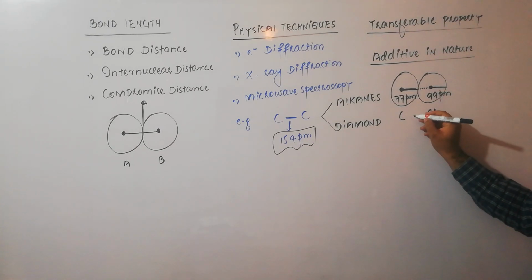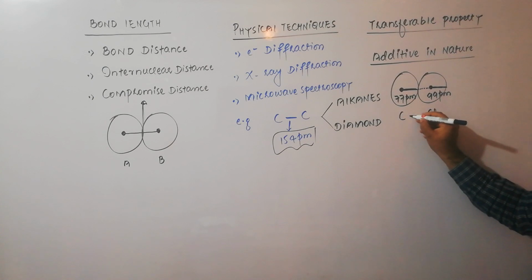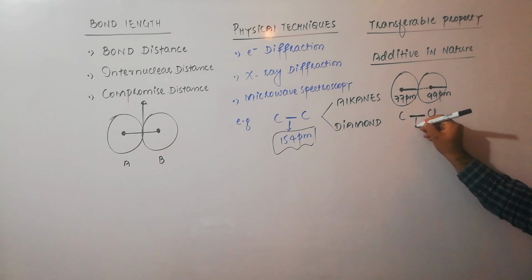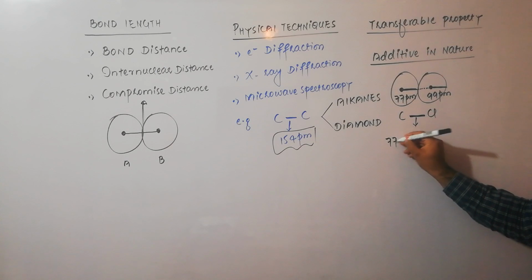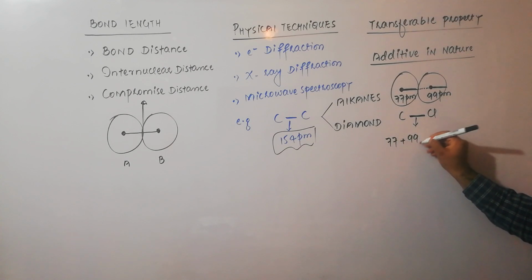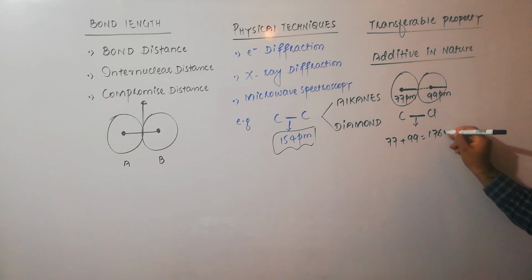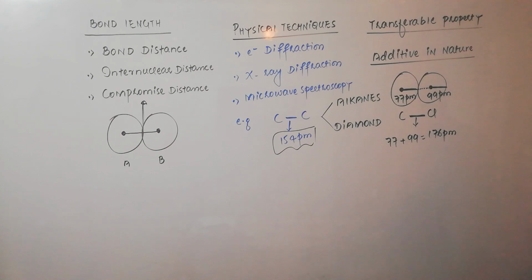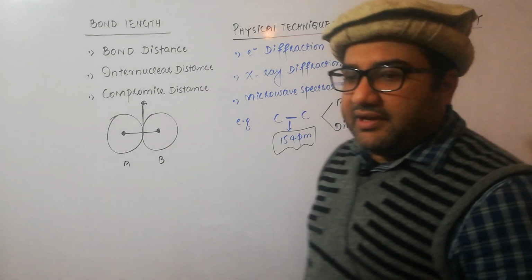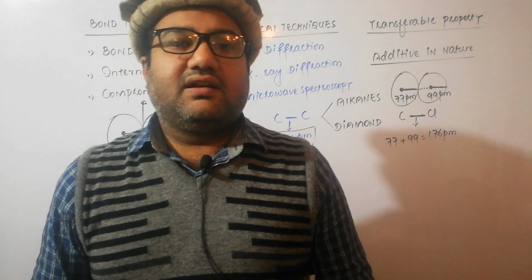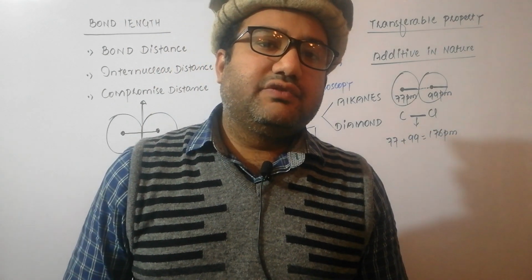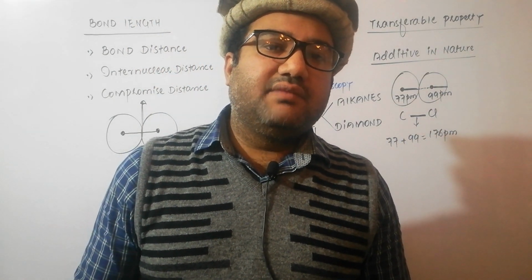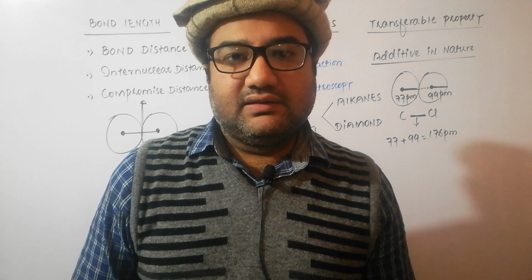So what should be the bond length between carbon and chlorine? That will be equal to 77 plus 99, which means 176 picometer. Additive in nature means that when we add the radii of the two bonded atoms, it becomes equal to their bond length.